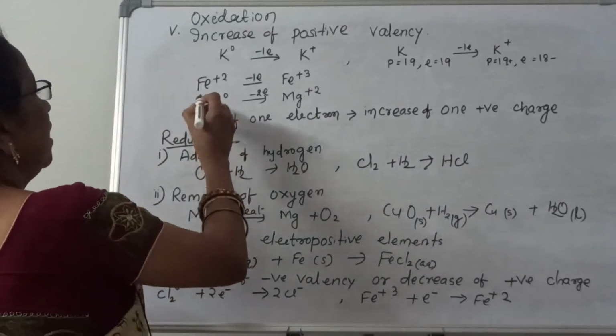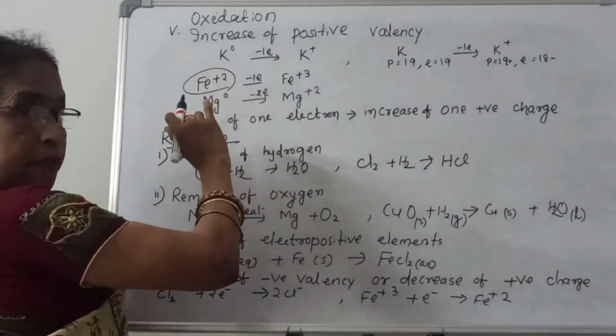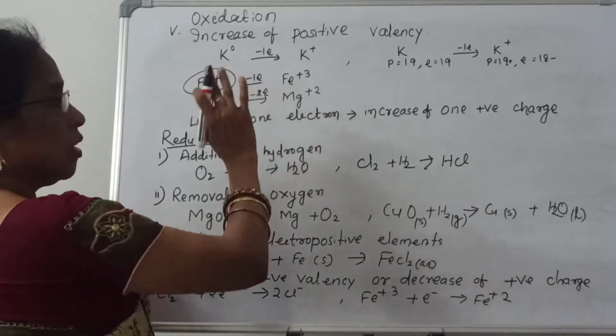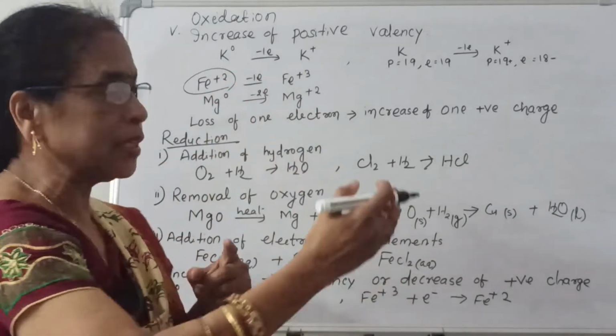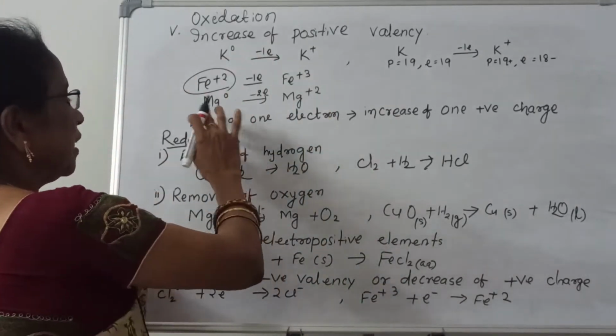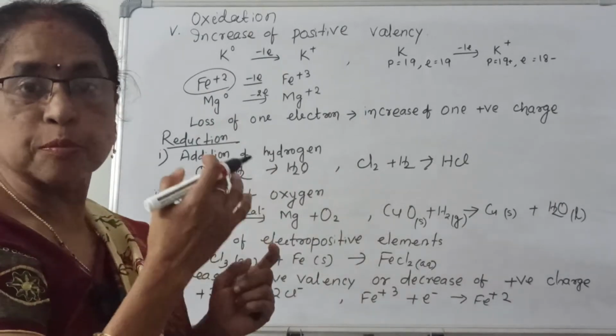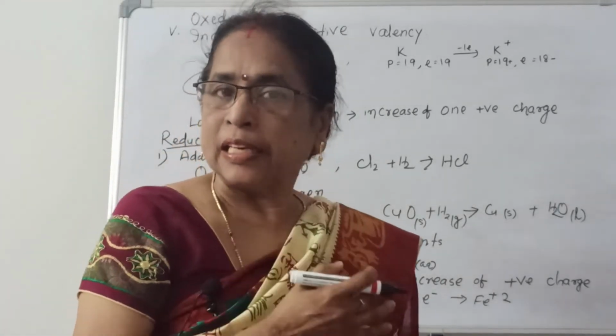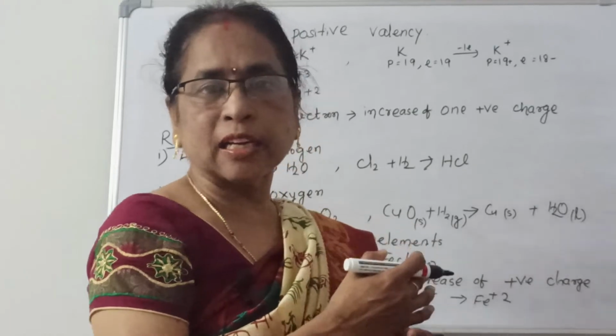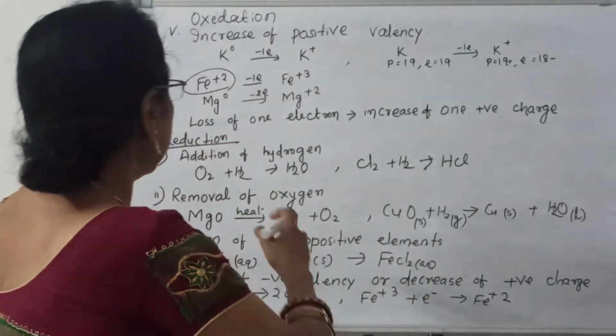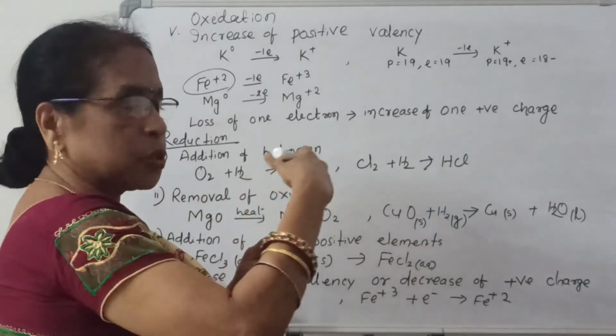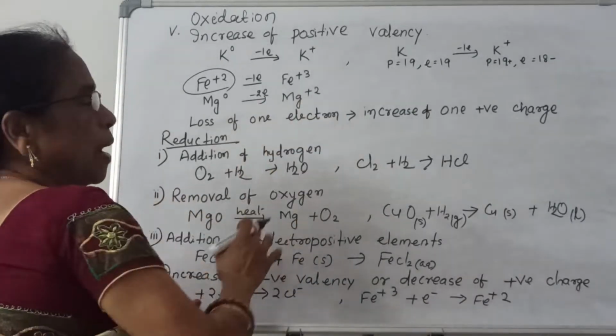What does it indicate? If one electron is lost, one positive valency increases. Now see here Fe plus 2. When it loses one electron, again it will increase one positive valency. Here also you can observe magnesium 0. That means in elementary state magnesium has 0 valency. When it loses 2 electrons, it becomes plus 2.